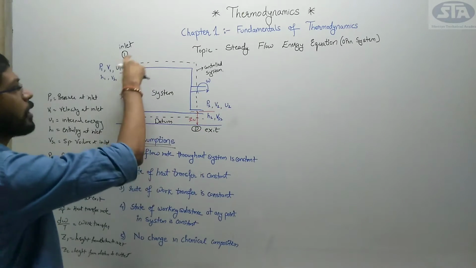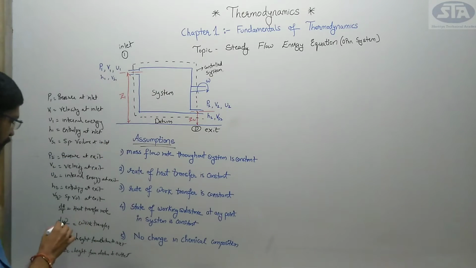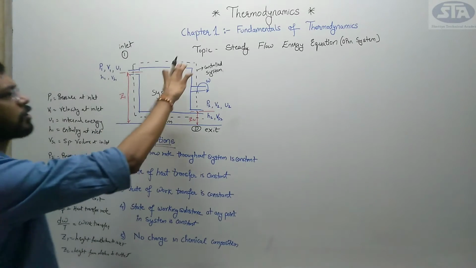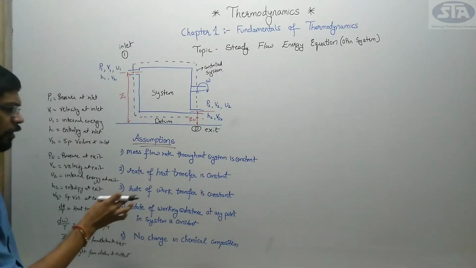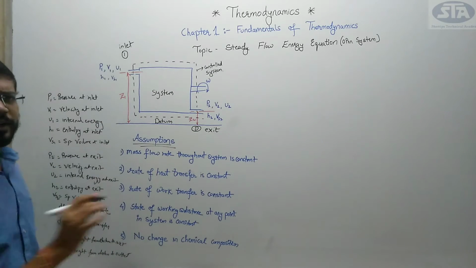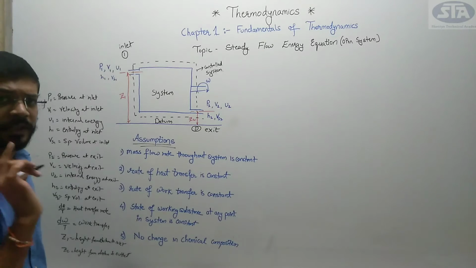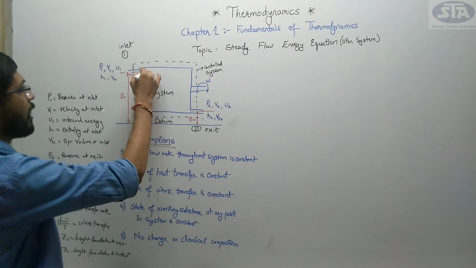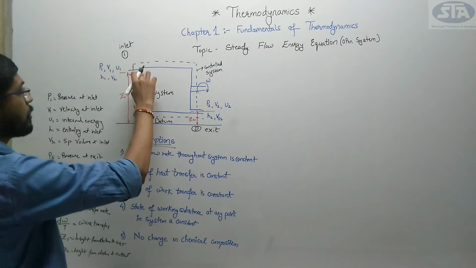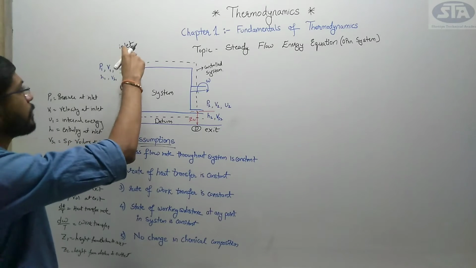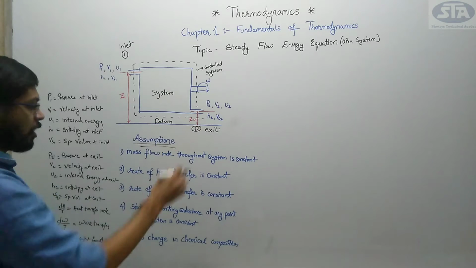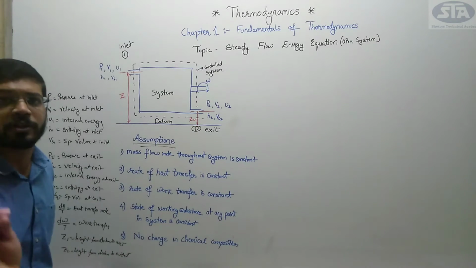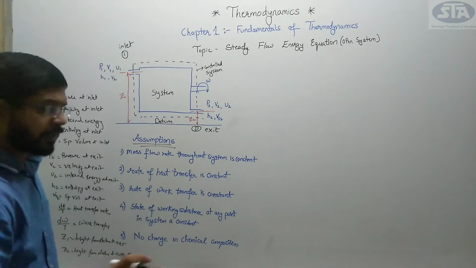Similarly, the work done, the work transfer rate, we have seen dw by T, that is also constant throughout this whole system. Fourth, the state of working substance. The state of working substance means the pressure at point 1, and the volume at point 2, velocity and the volume at point 1 would be equal, means the state at any point is constant, it is not varying, right?